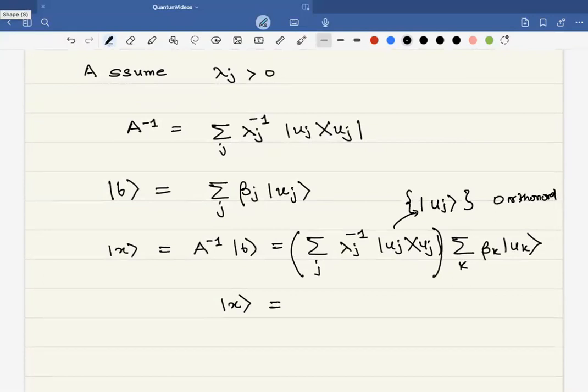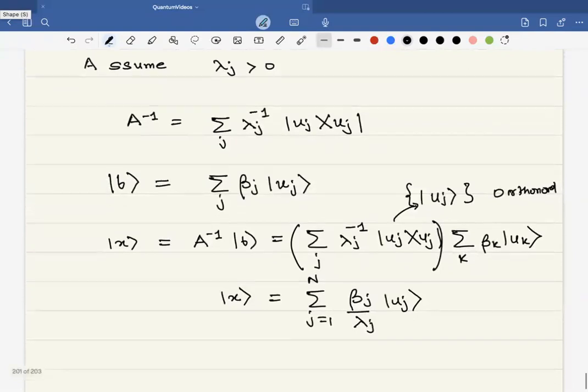Therefore, this can be written as the summation over j equal to 1 to n of beta j over lambda j times u j. So this is the theory behind the HHL algorithm.